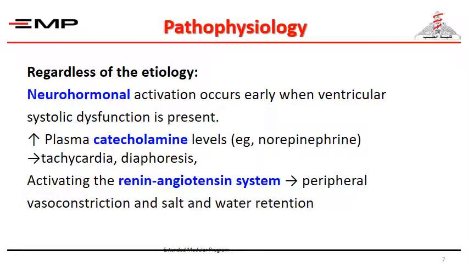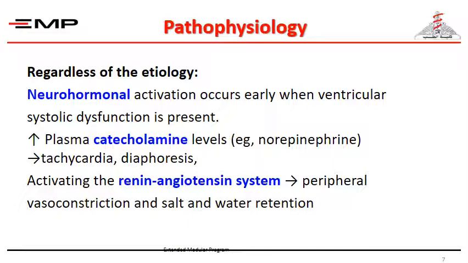What are the pathophysiological alterations that occur in heart failure? Regardless of the etiology, there is neurohormonal activation that occurs early when the ventricular dysfunction is present. What happens? There are increased plasma catecholamines اللي هو زي norepinephrine والحاجات دي بتعمل لي tachycardia and diaphoresis.